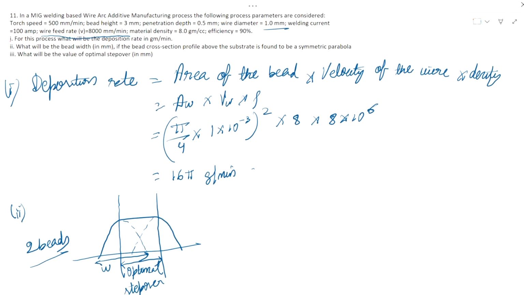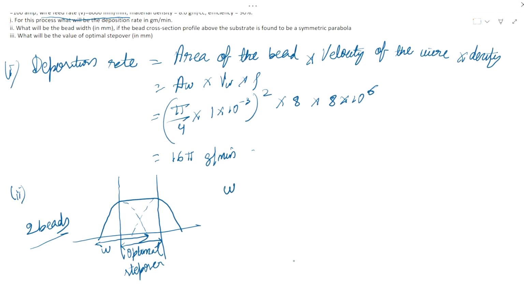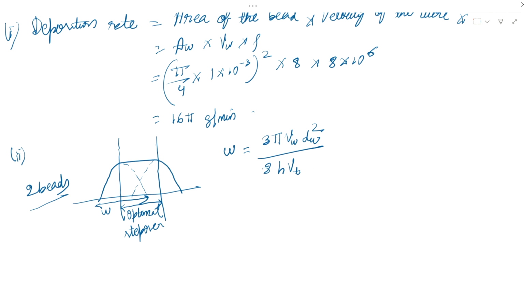Now W is equal to 3 pi V_W d_W square by 8 H V_T. T is your torch speed, d_W diameter of the wire, V_W is the velocity of the wire. Now we'll put all the values from the given data.